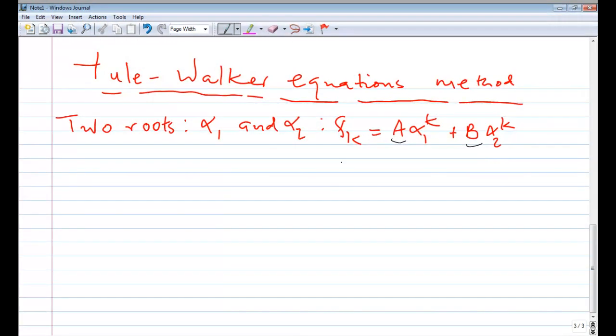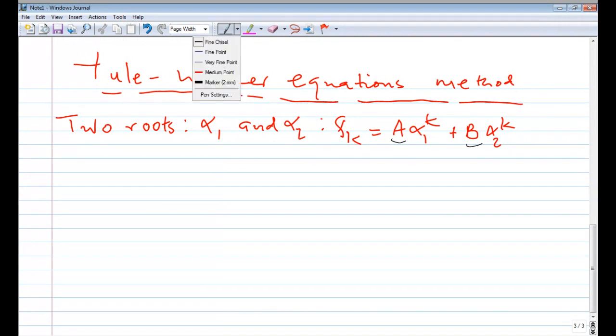Then k is where you substitute 0, 1, 2, and so on to get those autocorrelation functions at 0, 1, 2, and so on. So this is the first equation, for when you have two different roots, alpha 1 and alpha 2. The equation is rho k equal to a alpha 1 to the power k plus b alpha 2 to the power k. I think you understand that.